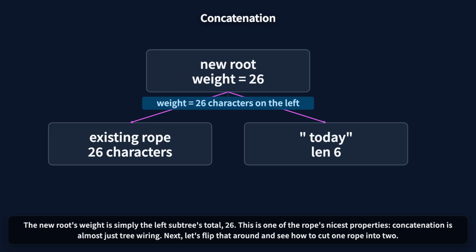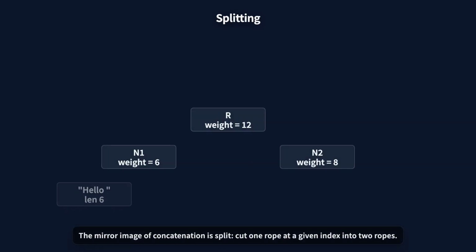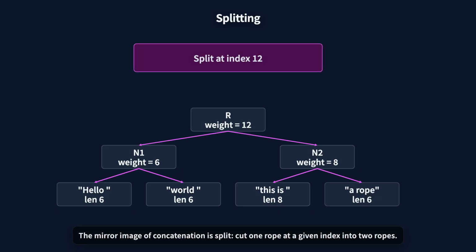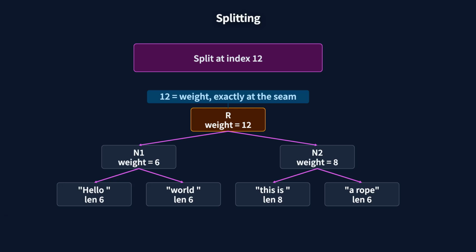Next, let's flip that around and see how to cut one rope into two. The mirror image of concatenation is split. Cut one rope at a given index into two ropes. Again, we descend using the weights. Index 12 equals the root weight exactly, so the cut lies right between the two subtrees.